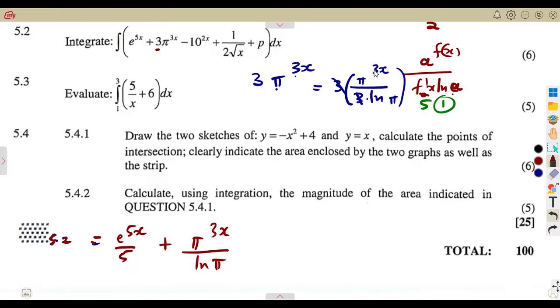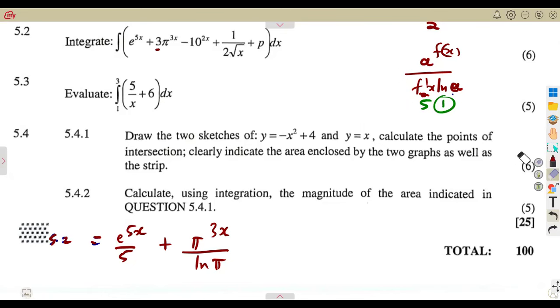So you must divide by that part, which is the same part that you are having there on the 10 that we are also having here. On this 10, there is a minus 10 to the exponent of 2x, so that is going to be a negative. This is 10 to the exponent of 2x over what? The derivative of these 2x, which is 2.